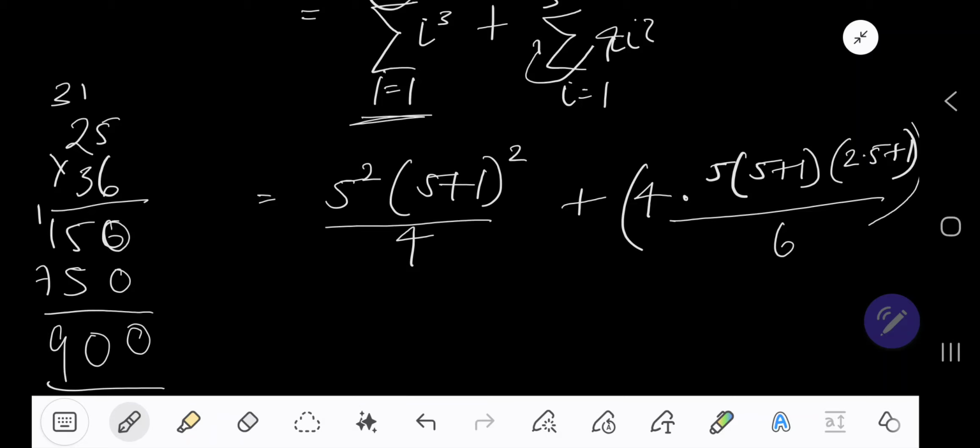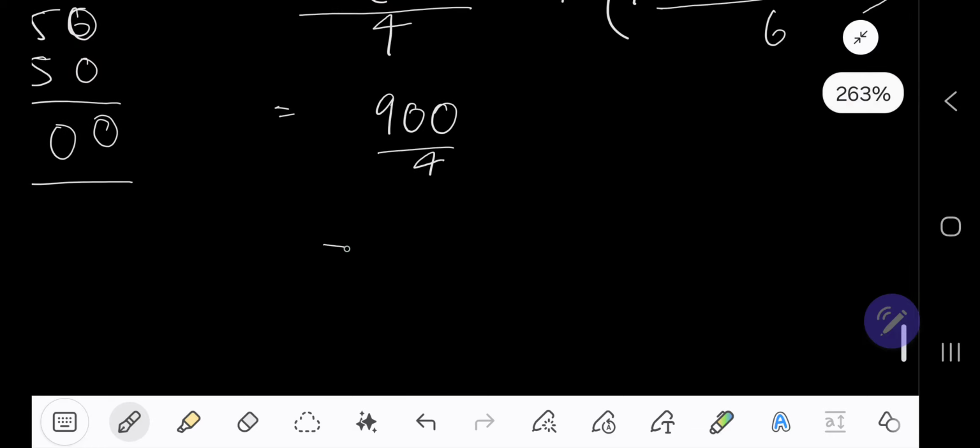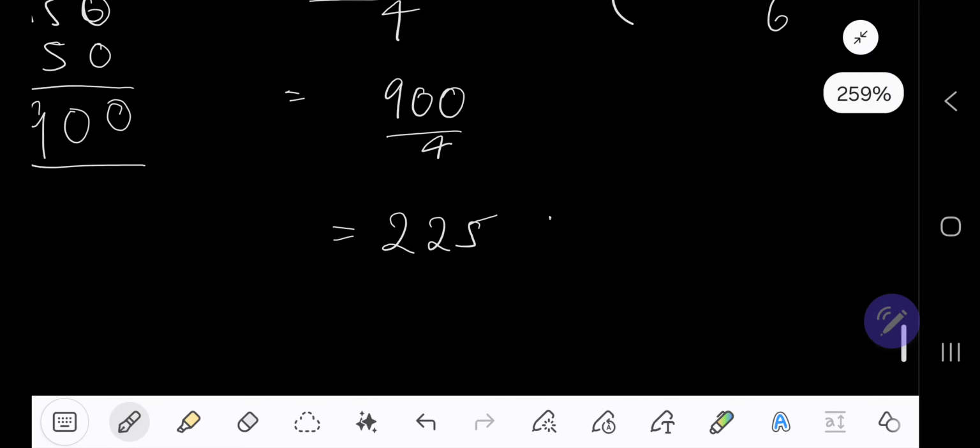So this equals 900 divided by 4, which I think would give us 225, and we've got the plus sign in the middle.